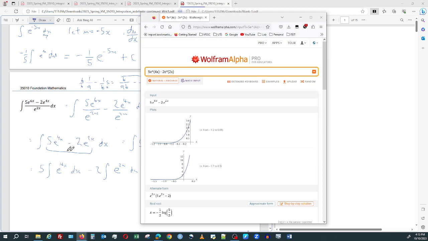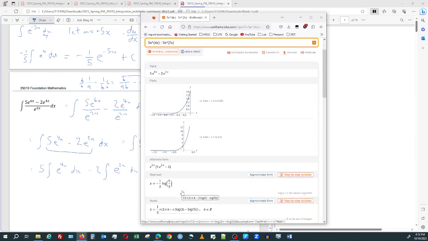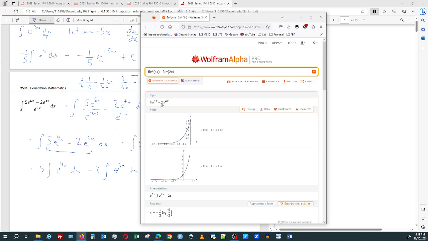Now look, it's not taking them, oranges and oranges. It's not breaking the log rule. Okay? It's just not doing that because it's recognizing that e to the 4x is an apple and e to the 2x is an orange. Okay?